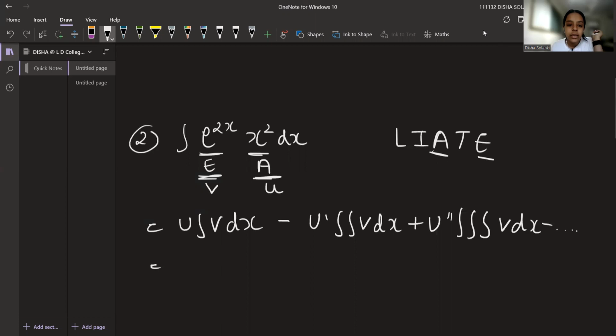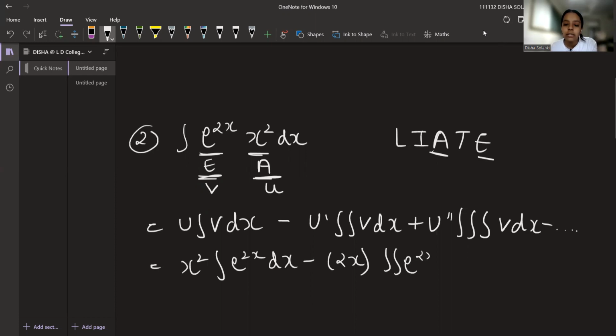u is x square, integration v is e power 2x dx. Minus u dash means the double derivative of x square, that is 2x. The derivative of x square is 2x, then integration, what is our v?